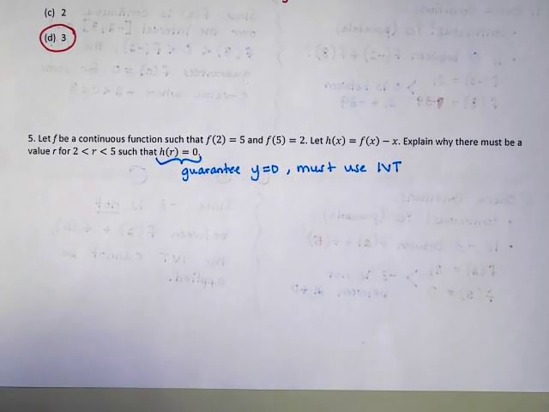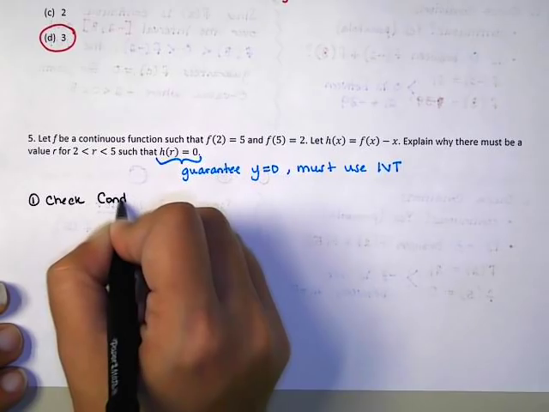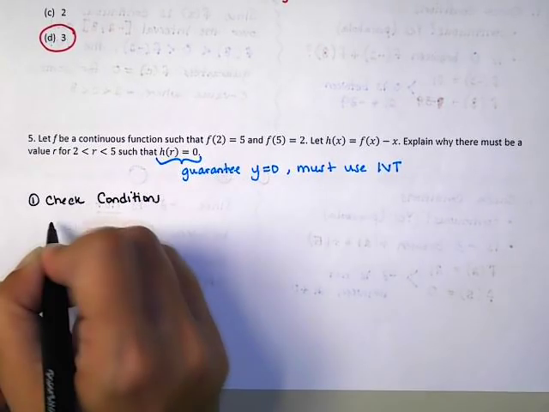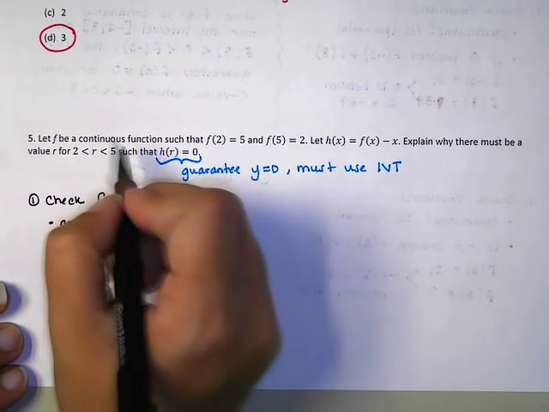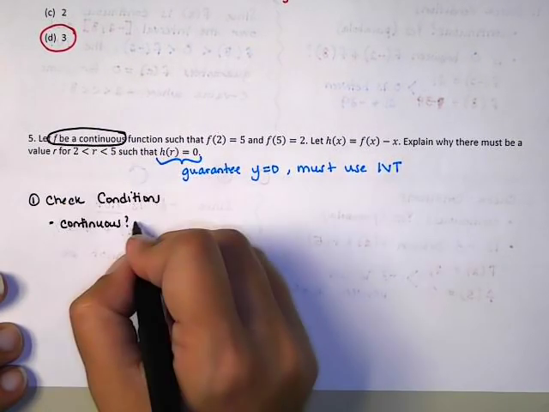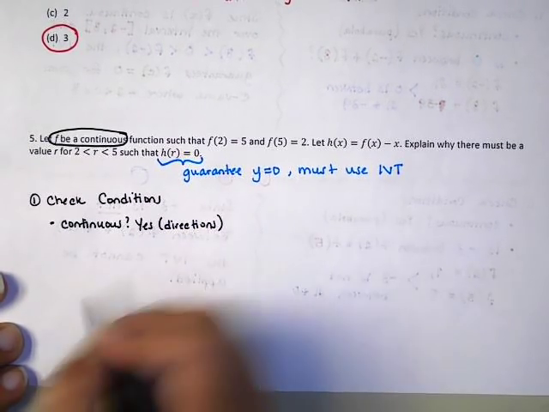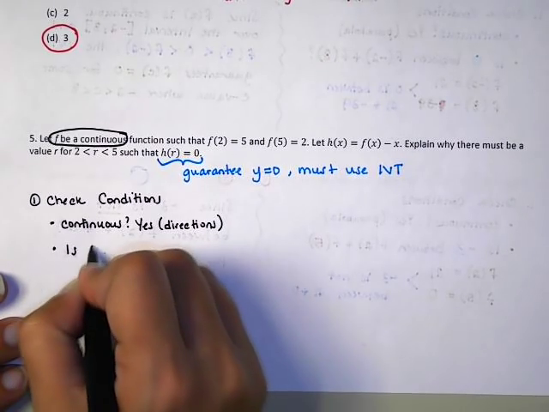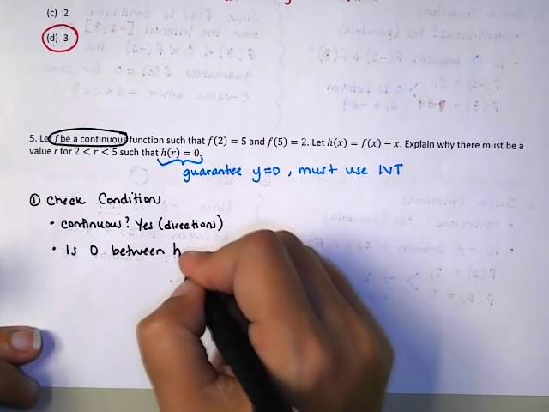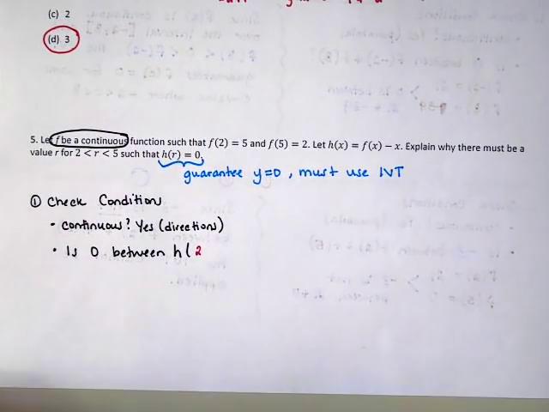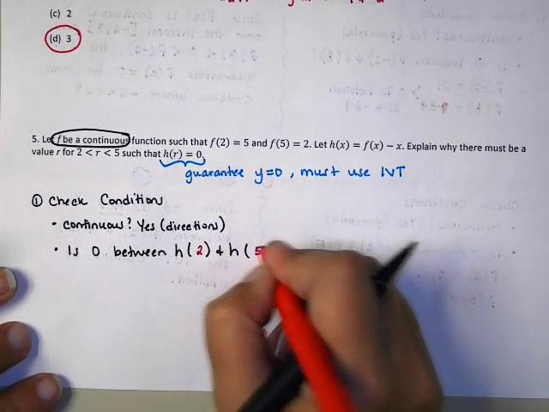So first, let's check our conditions. Are we continuous? Well, it says in the directions that f is a continuous function. Is 0 between h of 2, which is my first x value, and h of 5, which is my second x value?